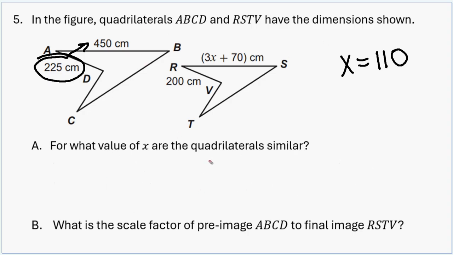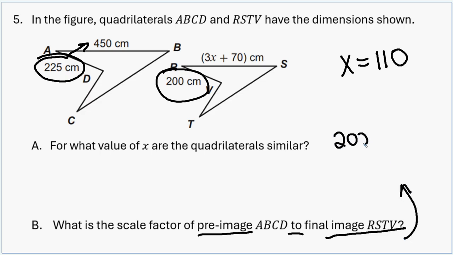And then it says, what is the scale factor of the pre-image to the final image? So we want to set this up. We could do 200 over 225. I'm just going to write the answer to part B up here. Here's our 200, here's our 225.